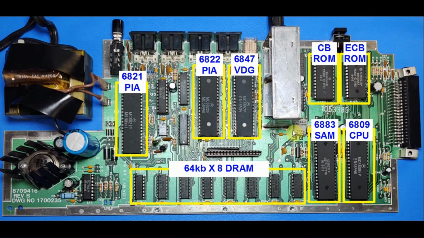So thinking about what's going on here in the corrupted display, I'm really suspicious of the synchronous address multiplexer. Is it failing and not refreshing RAM? One of the jobs, probably the main job of the SAM, is to provide RAS and CAS cycles to keep refreshing the DRAM so that it doesn't lose its memory.